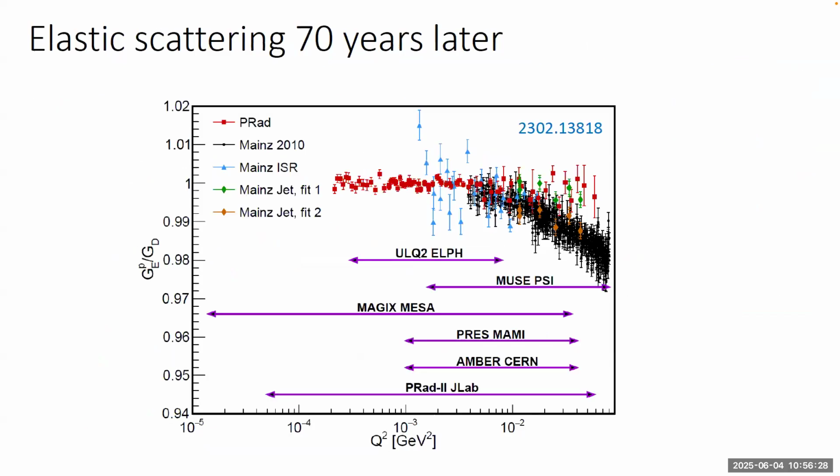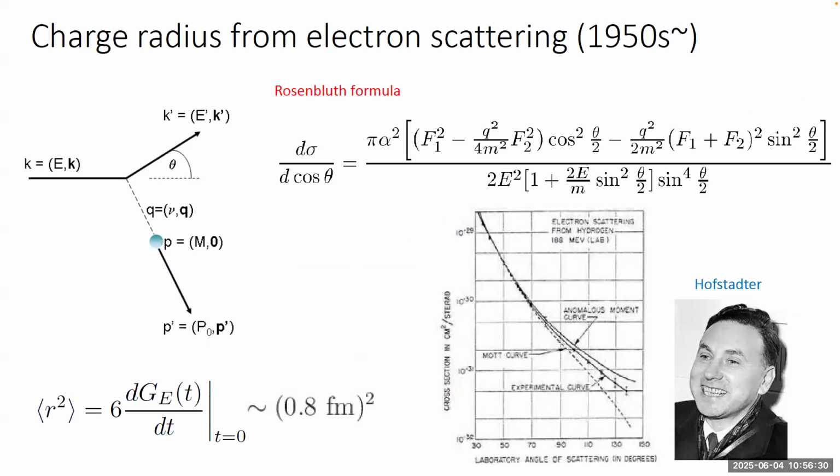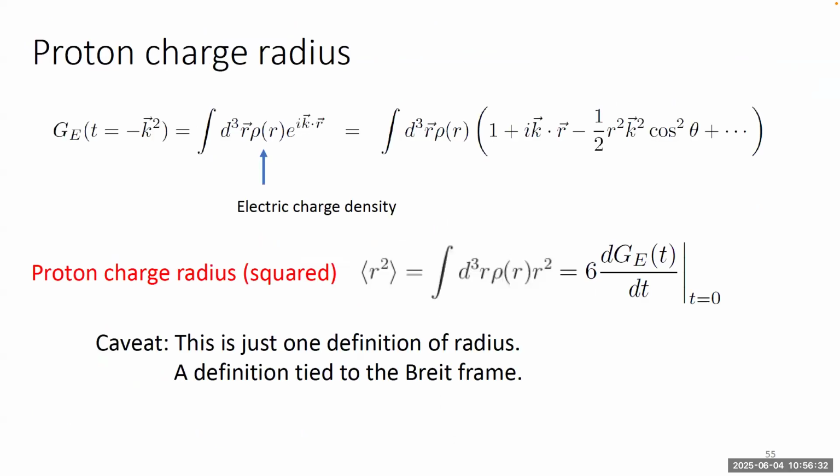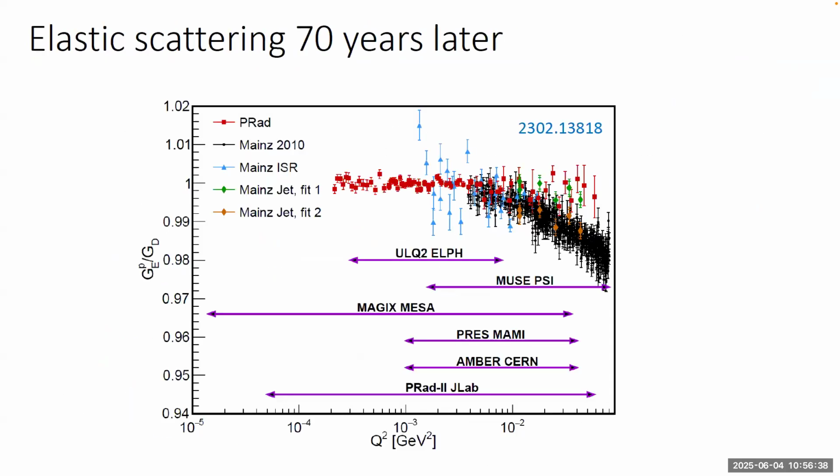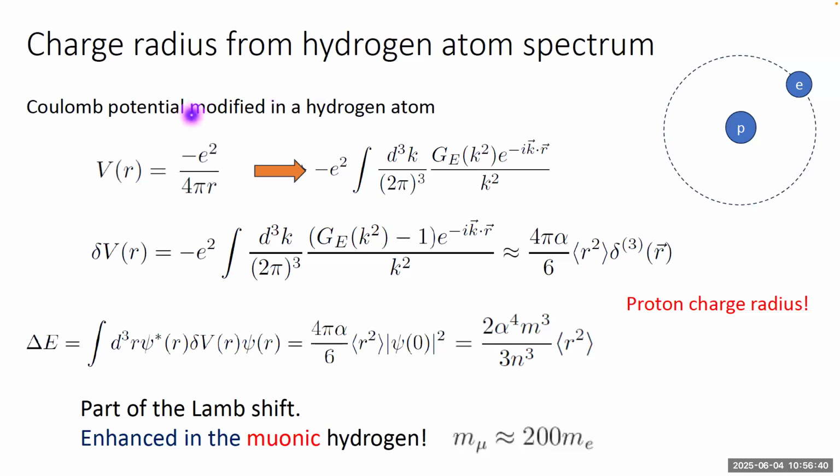I think I understand your concern. This interpretation of the charge density is based on the Breit frame, whereas here I'm identifying this R with the R in the Breit frame Fourier transform. I don't know. It looks plausible.